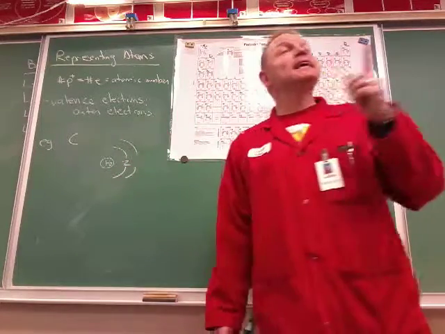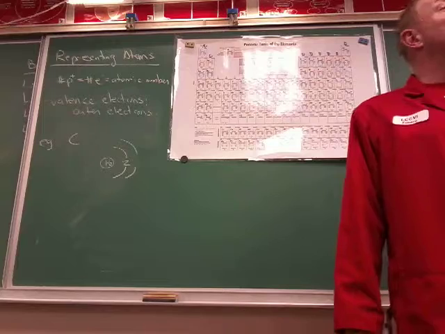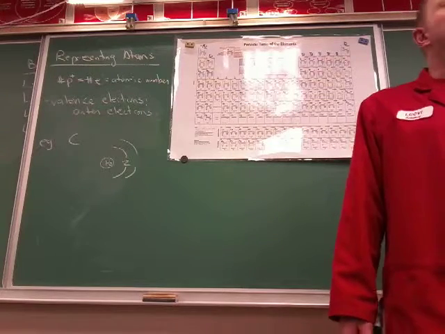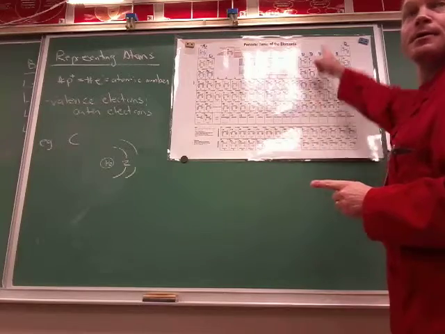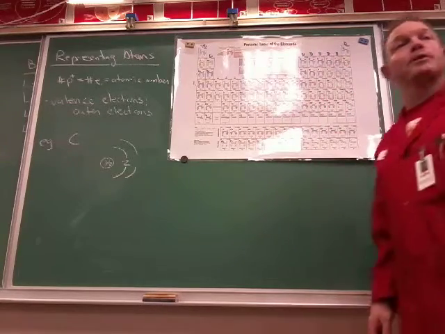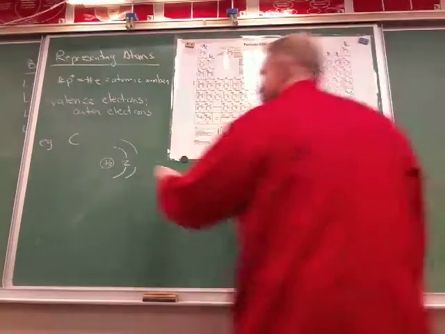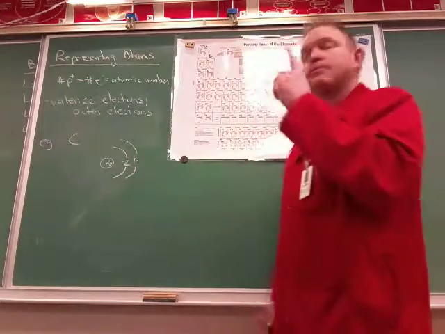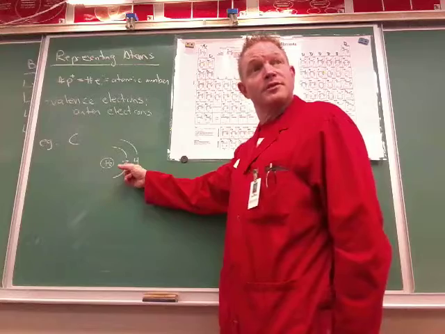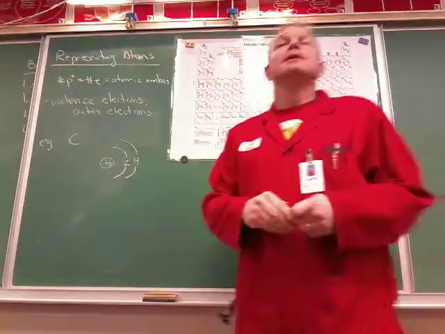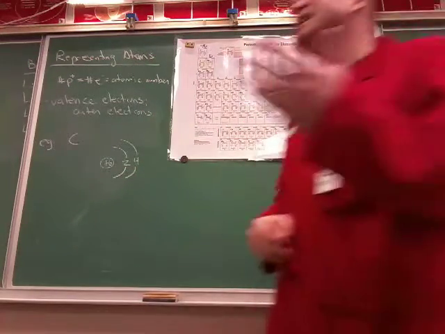Now, how many electrons will be in the outer orbit? Remember, that comes from the group number. So how many in the outer orbit? Ryan? 4. Now notice, the number of protons is equal to the total number of electrons. Last time you would have done this differently.